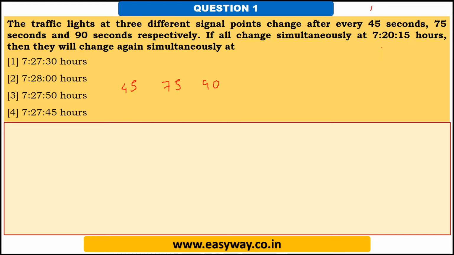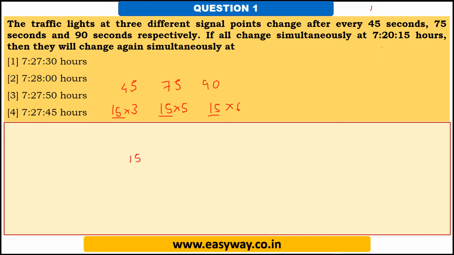How do we find the LCM? We find the factors of each of the numbers and then the common factors. What is 45? 15 into 3. What is 75? 15 into 5. And 90 is 15 into 6. Out of this, which one is common? 15 is common, so we write 15 here.